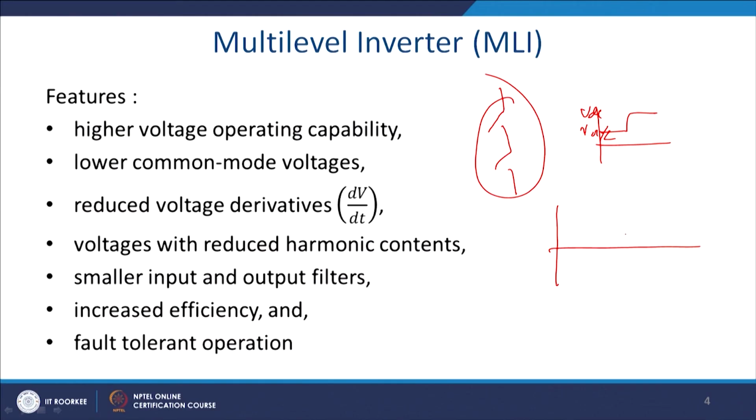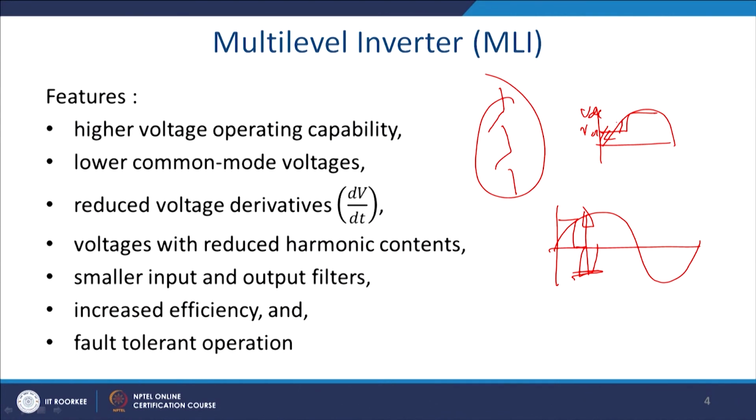Voltage with reduced harmonic content, as I told. Let us say we need to generate this voltage, and if it is PWM you generate this voltage or this voltage. When you apply this voltage you have a huge instantaneous error, and that is one of the sources of harmonics. But in this case, since you can apply something like this, the instantaneous error is half.